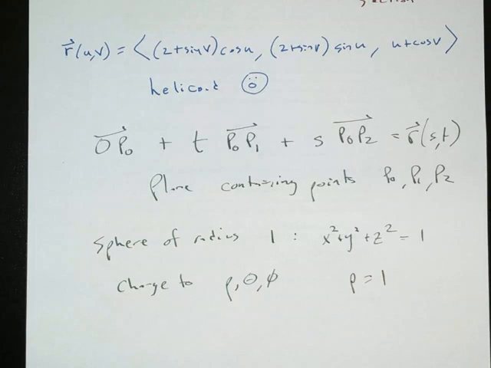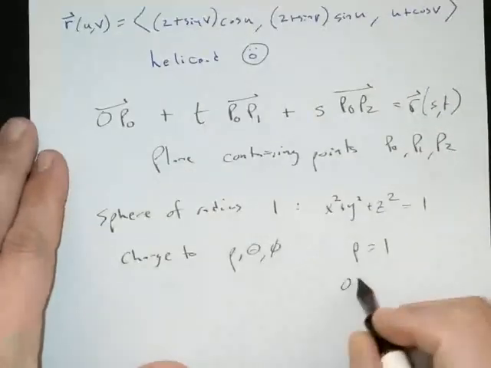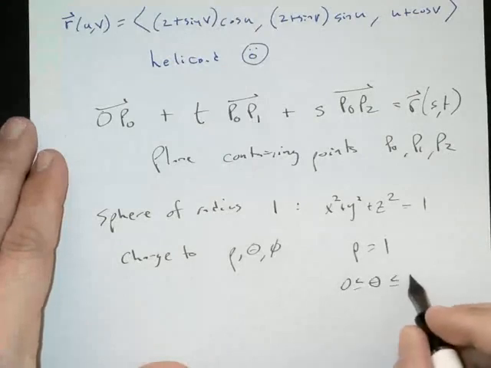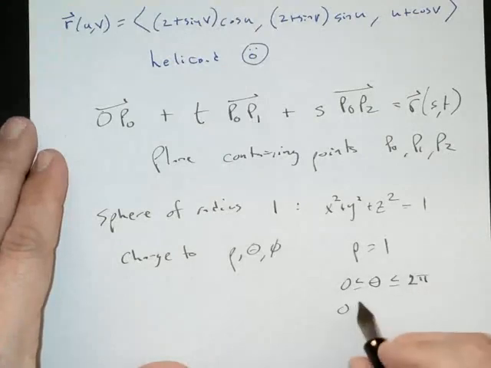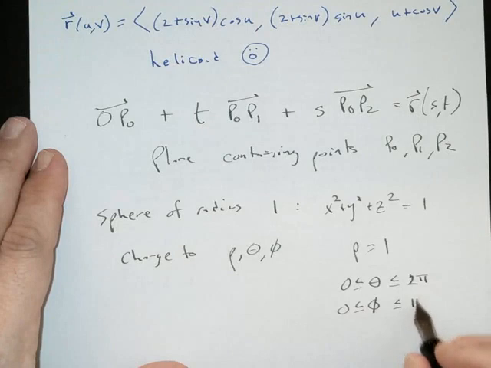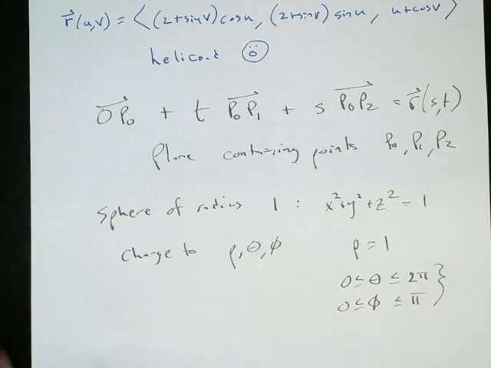Yes? And theta can go from 0 to 2 pi. And phi can go from 0 to pi. Wait a second. I have a range for 2 variables, don't I?